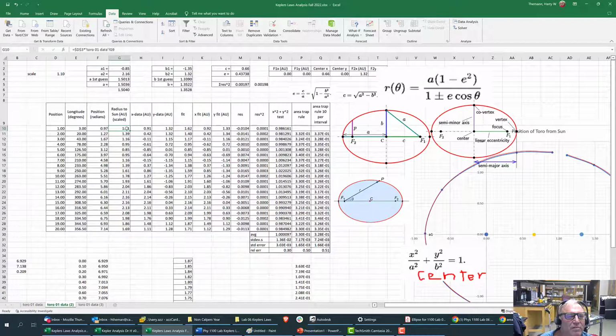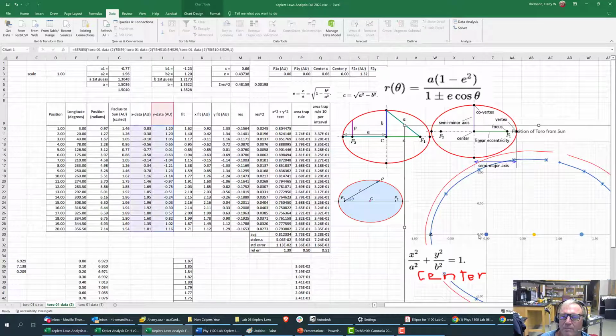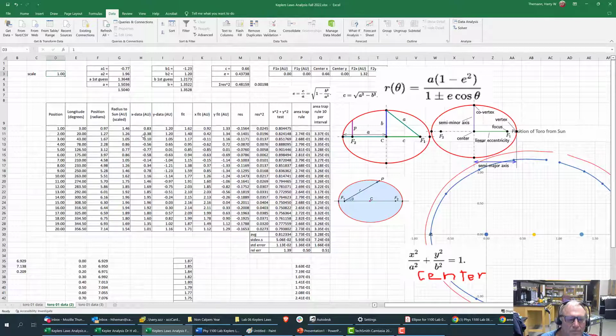Okay, yeah, this is because I don't want you guys to just copy all this, right? So your data, just so you see, if I type a 1 here, so there is the graph from the previous page. The red is my fit line, and the blue is the Toro data. But everything I do here is going to work for you.